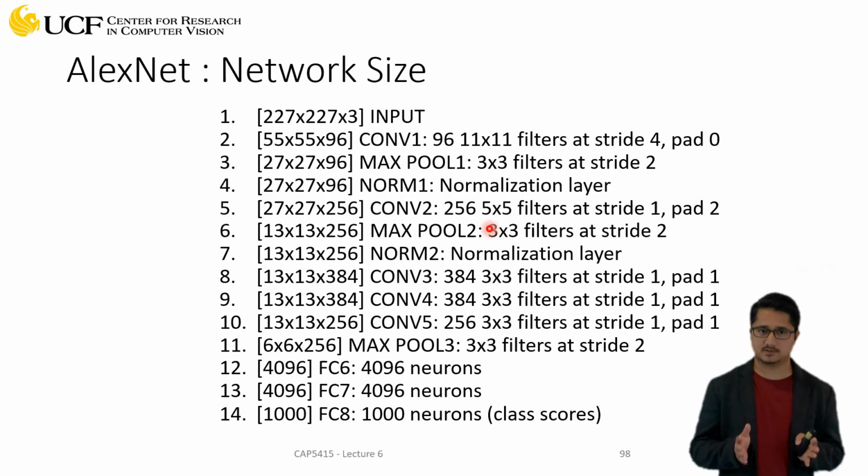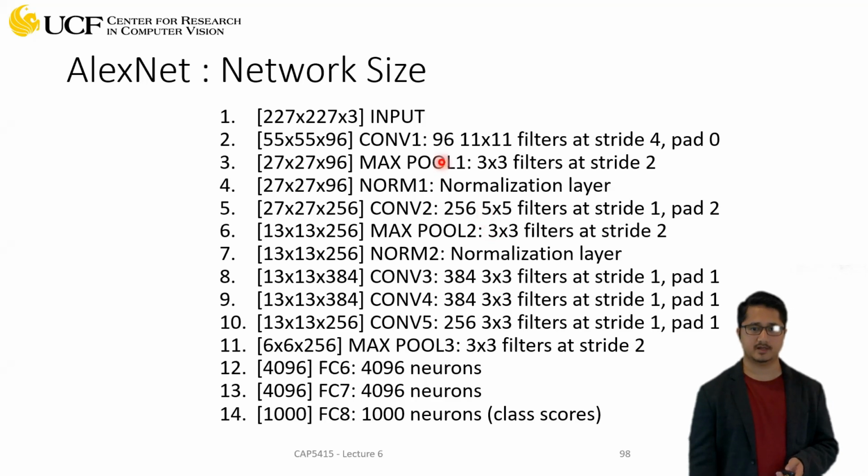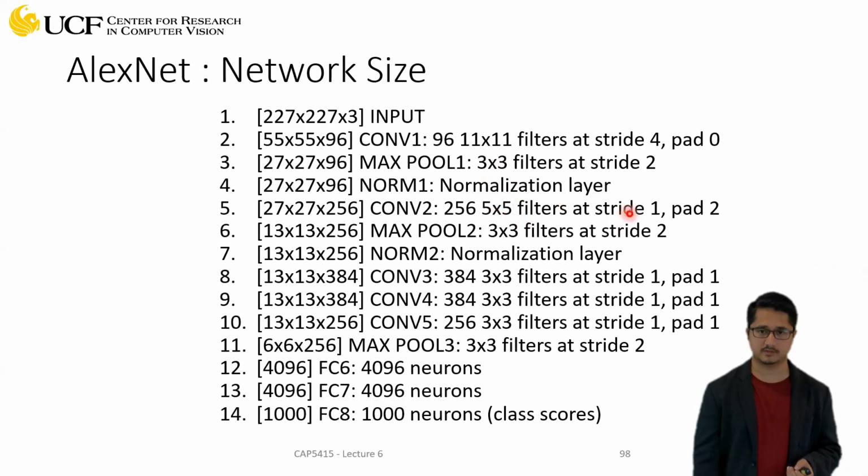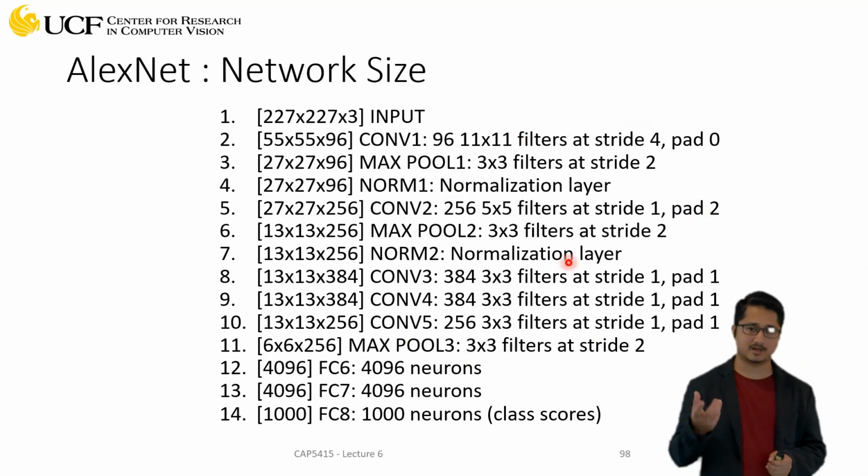Now that was the first 3 layers, but at the end, this is the full configuration of AlexNet. It's giving you the details for every layer: how many kernels you have, what was the size of the kernel, in this case 5 cross 5, and it's also giving you the stride and the padding. Okay, so all these numbers shown here are not parameters of your network.